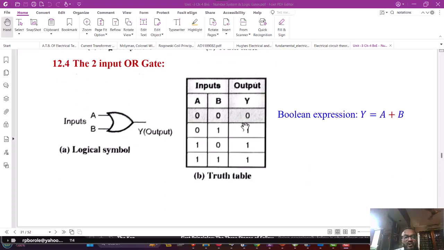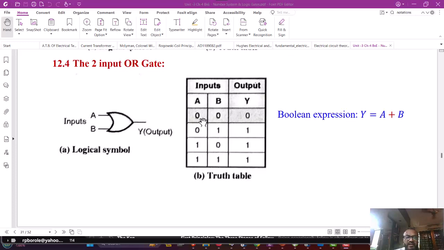The two input OR gate is the next gate. The symbol is shown here. This two input OR gate is also called the inclusive OR gate. The minimum number of inputs is 2 and there is one output. The truth table shows the input combinations and the output corresponding to the given input combinations.